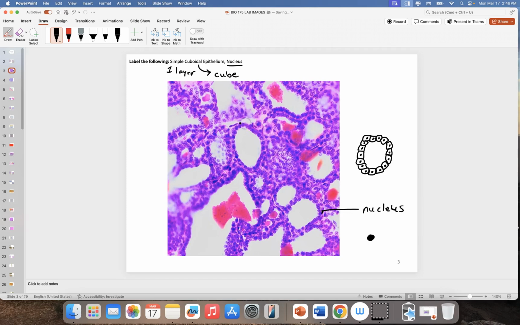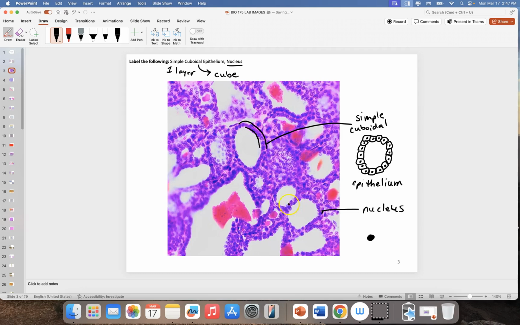So this then, if I just kind of make a band around it, this is going to be our simple cuboidal epithelium. I'll write epithelium down here since I've got more space.